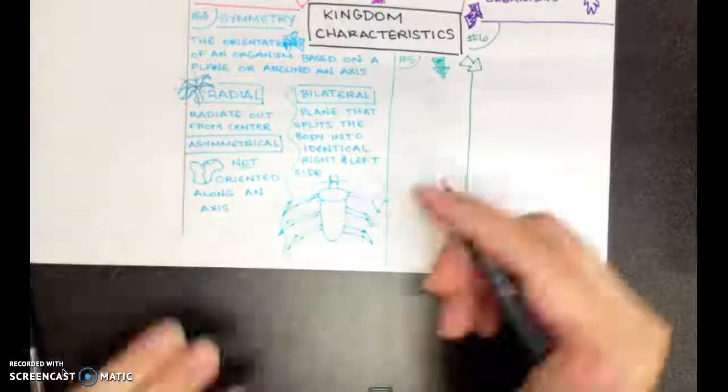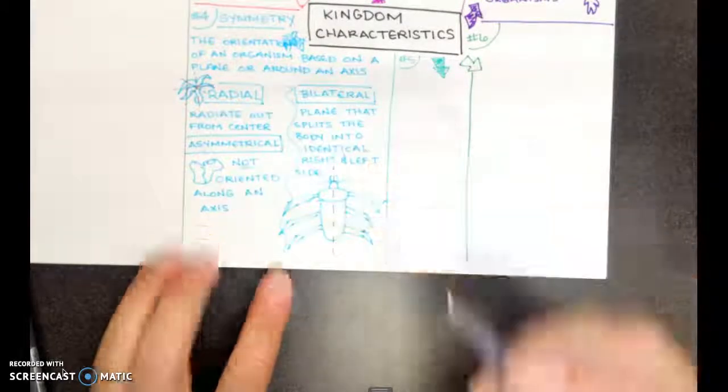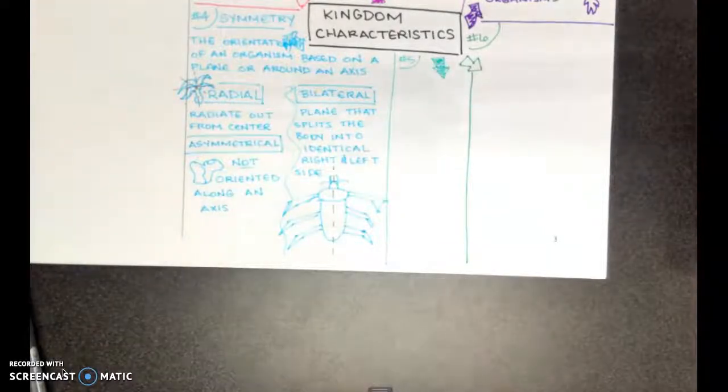And then if you were looking at symmetry along that axis, essentially, if you were to fold this guy in half right here, he is exactly the same right versus left. So that right there is symmetry.